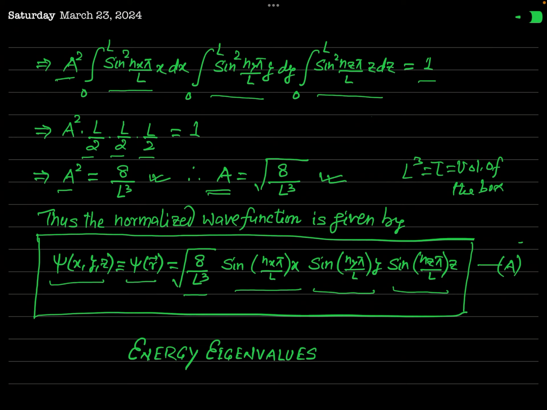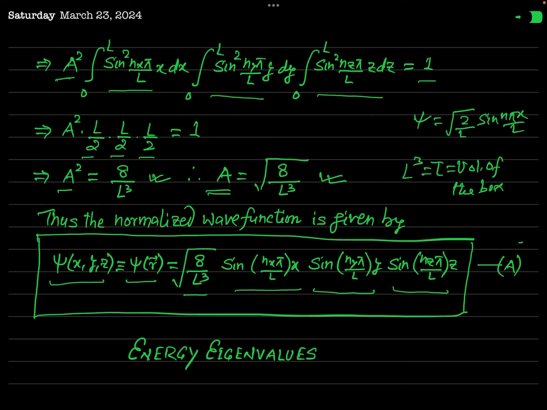So you can see this eigenfunction depends actually on the three quantum numbers. In the case of the particle in a one-dimensional box, we have seen there was only one quantum number. There our result was psi equal to root over 2 by L, sine n pi x over L. This was our result.